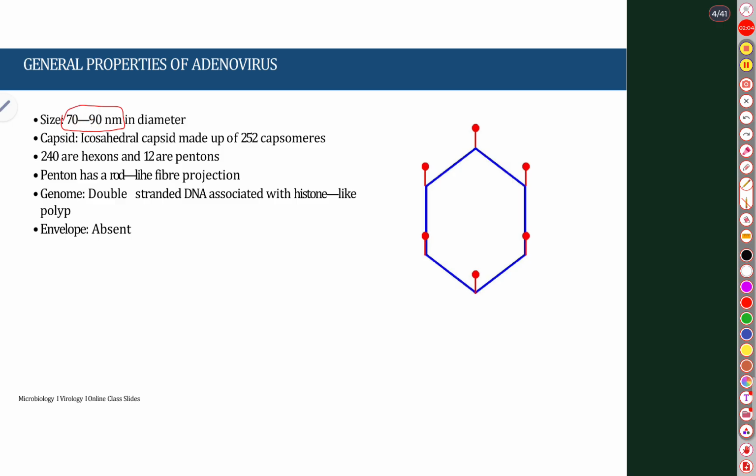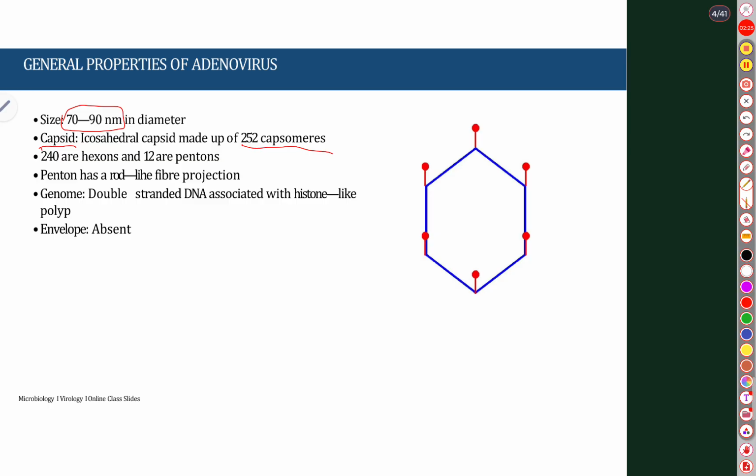Then, what is the shape, the symmetry of the capsid, and how many capsomeres does it contain? The capsid has icosahedral symmetry, as in herpes virus, and it is made up of a total of 252 capsomeres.